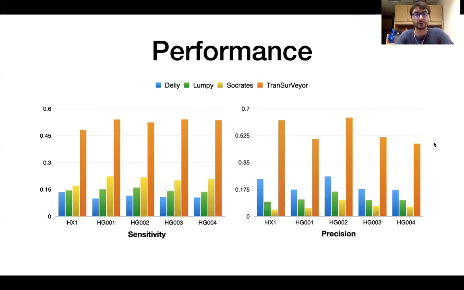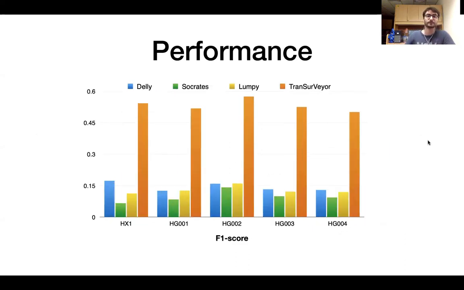We vastly improve the precision. And this gives us a much higher F1 score. If I'm not mistaken, it's around 3 to 4 times higher compared to the other tools, which is indeed a significant advantage.